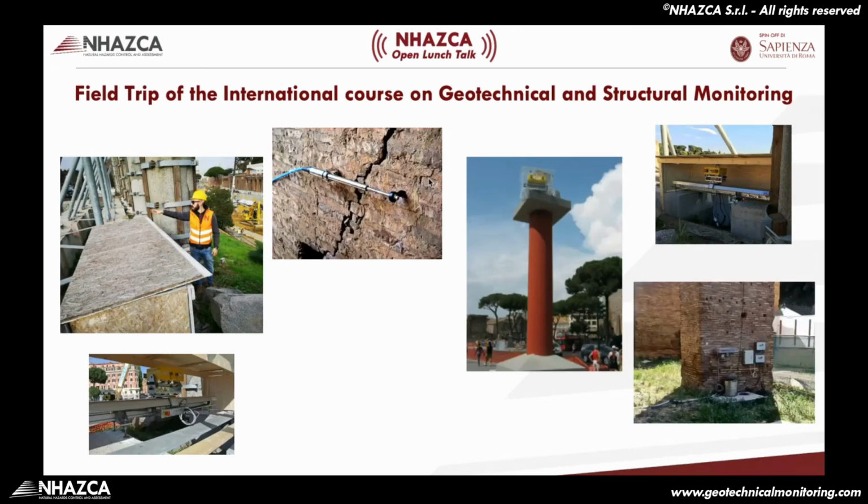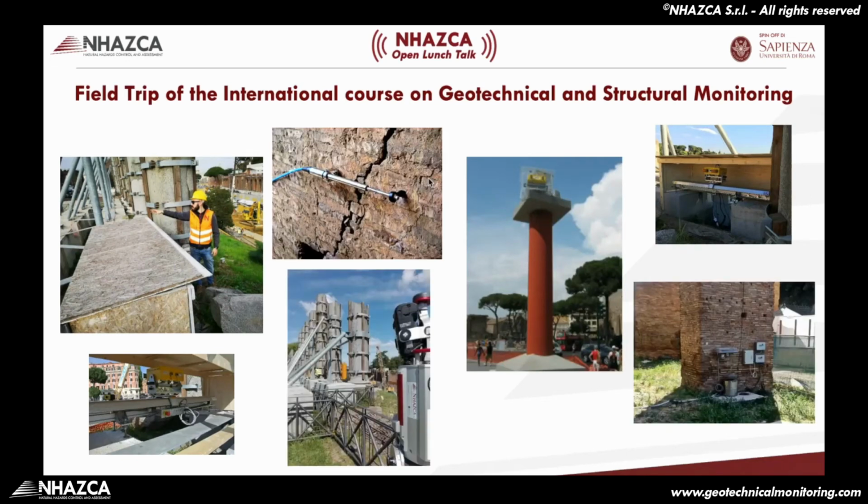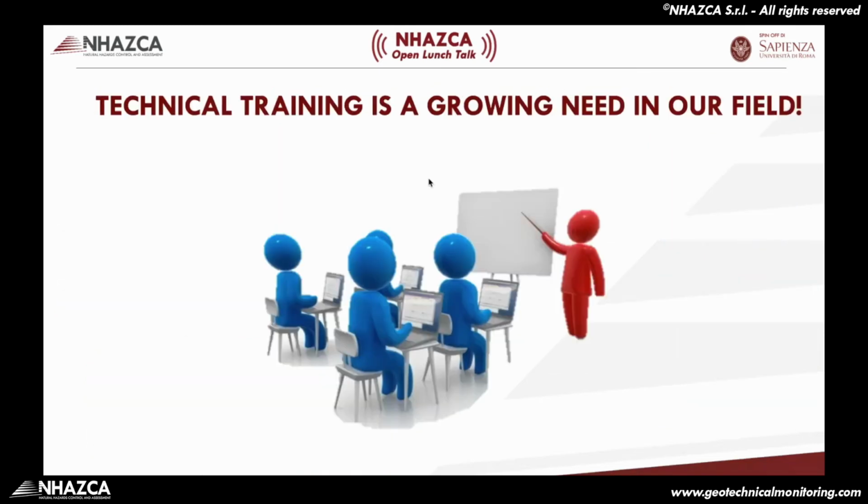On this occasion, we had the chance to see, I think, any kind of instrument, ranging from extensometers, inclinometers, radar, laser, total stations, GPS. Keep one instrument in your mind, and I'm pretty sure you will have it in this project. Trivec is one of the most original and uncommon ones.